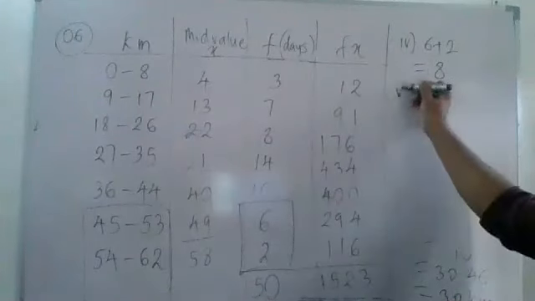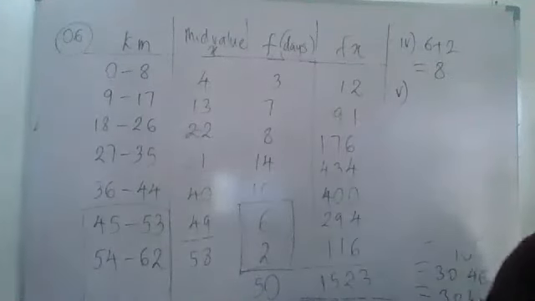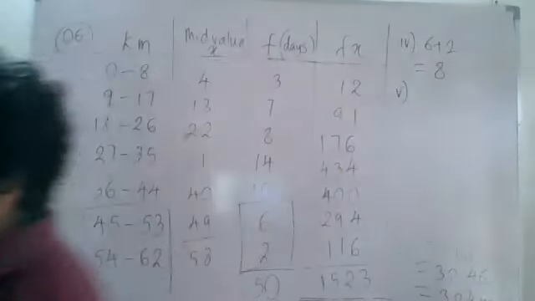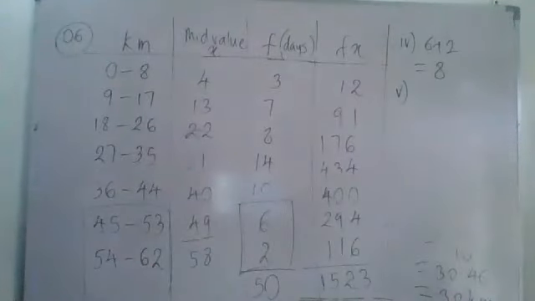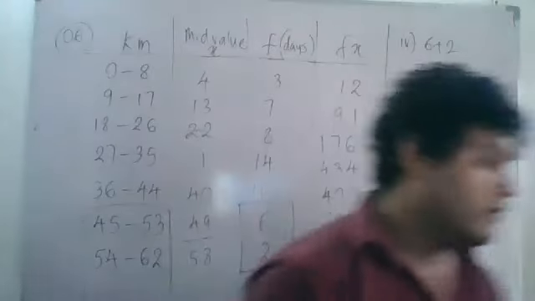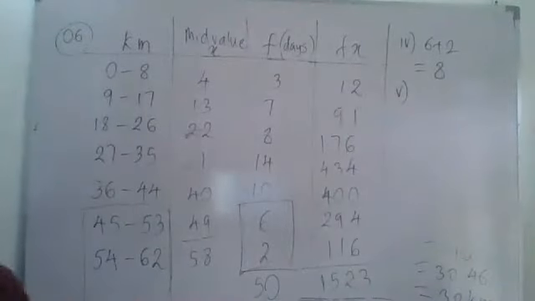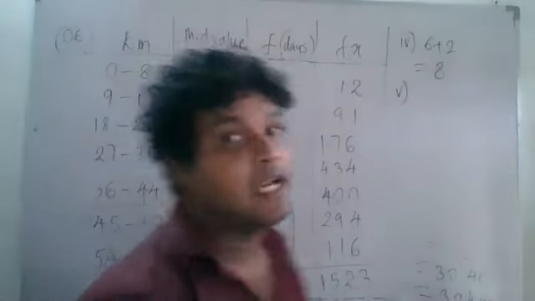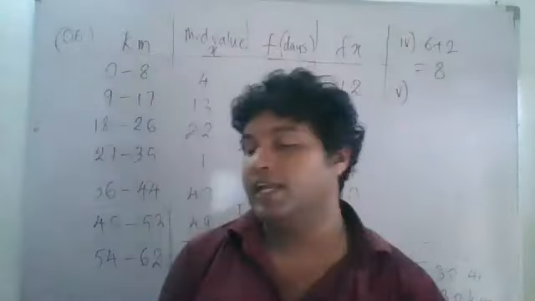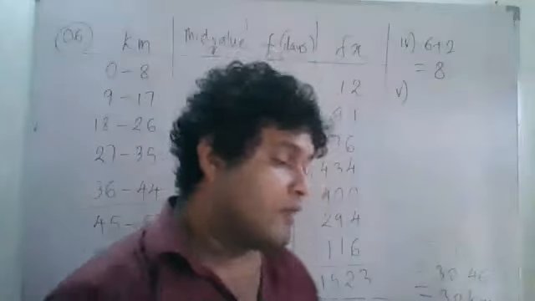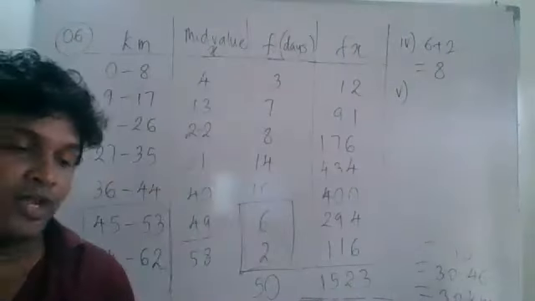Fifth. What's asked there? Carefully you have to read. If the cost of fuel for 1 kilometer is 15 rupees, then find how much it costs for the fuel for a day.